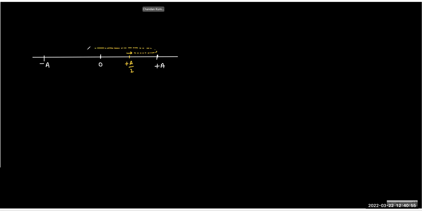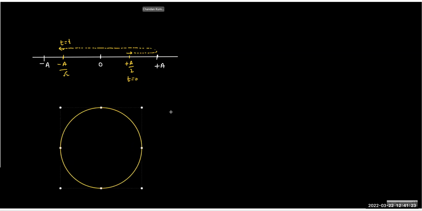You go on the other side, and you end up reaching a by root 2 on the left side. So if I say t equals 0 here, and this is t equals t, can you tell me how much time you will take to make this entire journey? Now solving on a linear scale is a difficult job, but you see how easy it is to solve on a circle scale. So just draw the picture on a circle. That will be a challenge for you in the very beginning, but that's okay. Once you overcome this barrier of converting this motion into a circle, it's a one-line answer.